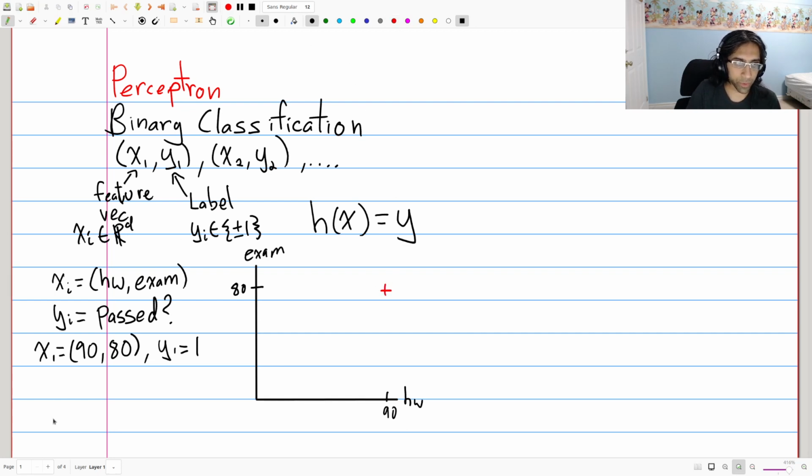On the other hand, we have someone else who gets, let's say x2 is equal to 40 on the homeworks and 30 on the final exam. Well, this is not great, so they are probably going to fail the class. So on this picture that looks something like this.